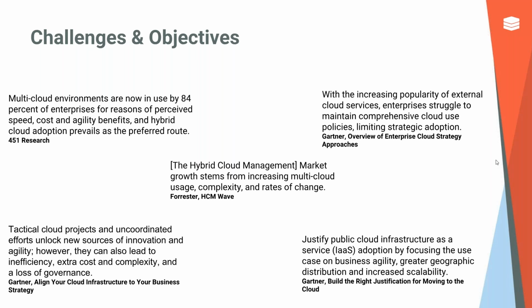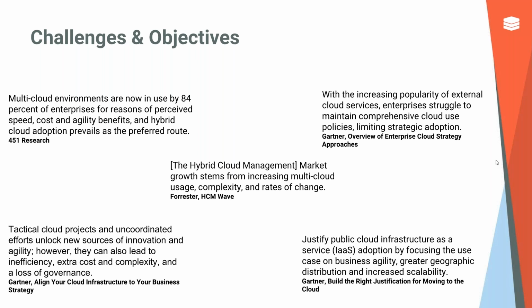For example, the 451 Research report says that multi-cloud environments are now used by 84% of enterprises, with some of the drivers being speed and agility benefits, while you also see the challenges outlined by, for example, the Gartner reports that put an emphasis on policy and governance.